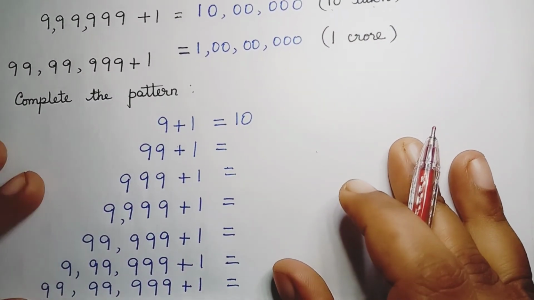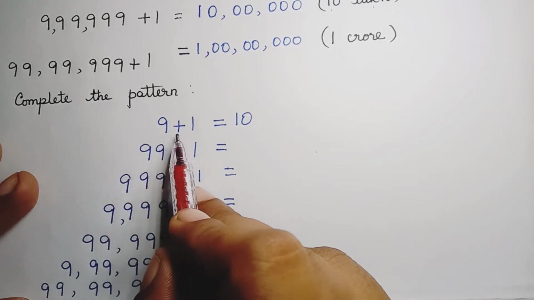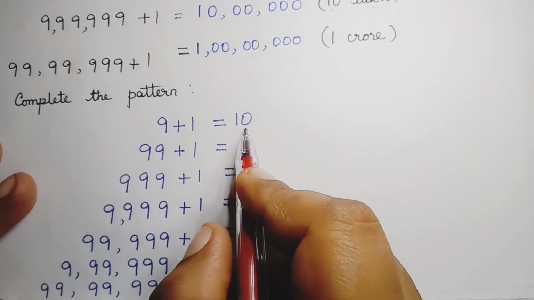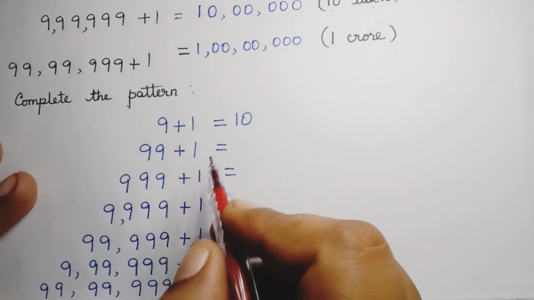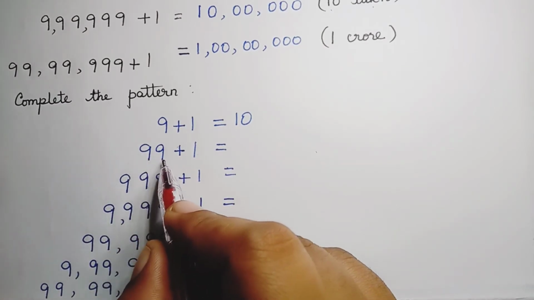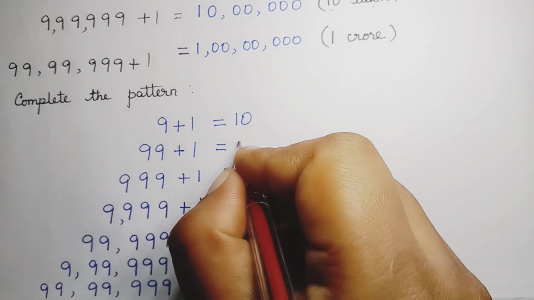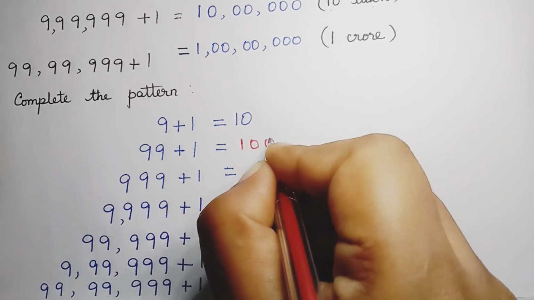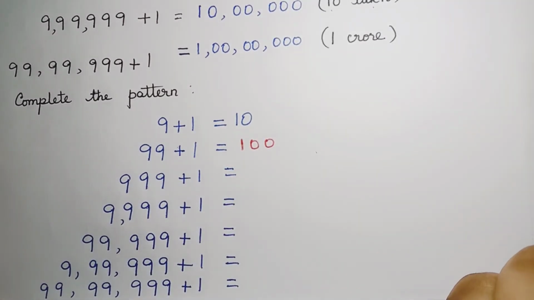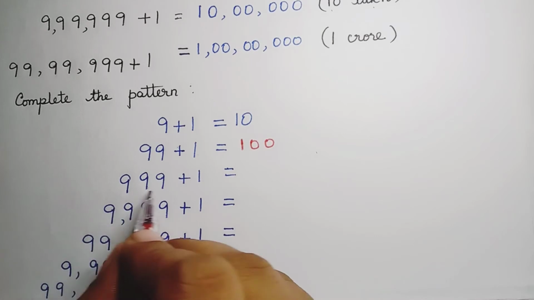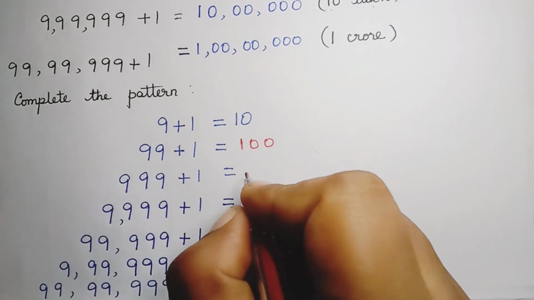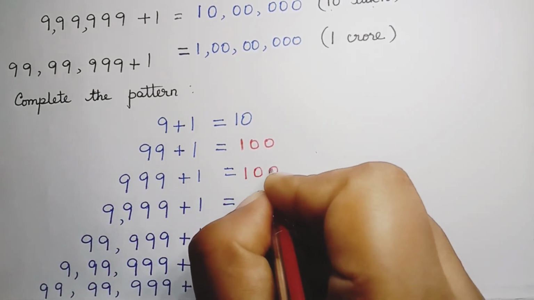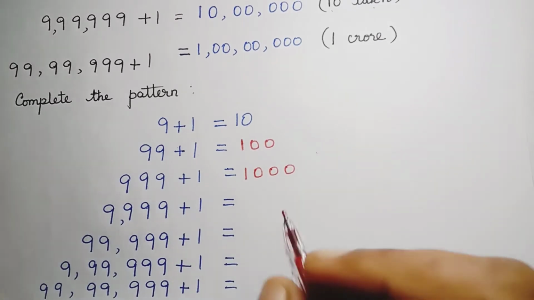So this is the highest 1 digit number plus 1, which gives the smallest 2 digit number, that is 10. Then highest 2 digit number plus 1 gives smallest 3 digit number, which is 100. Highest 3 digit number plus 1 gives smallest 4 digit number, that is 1,000.